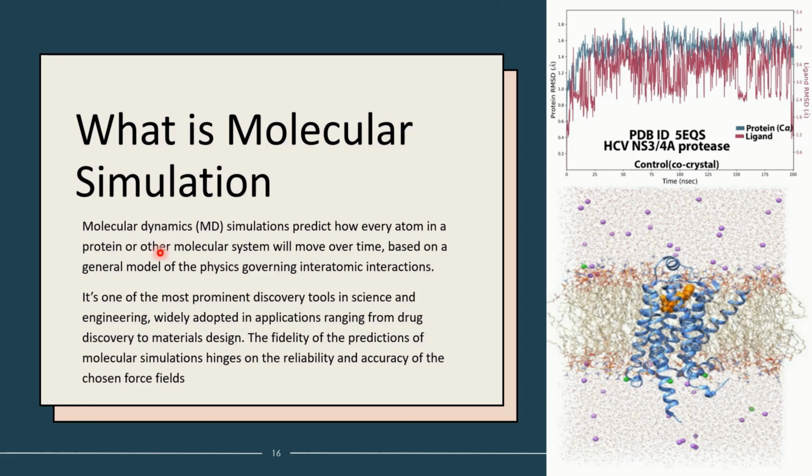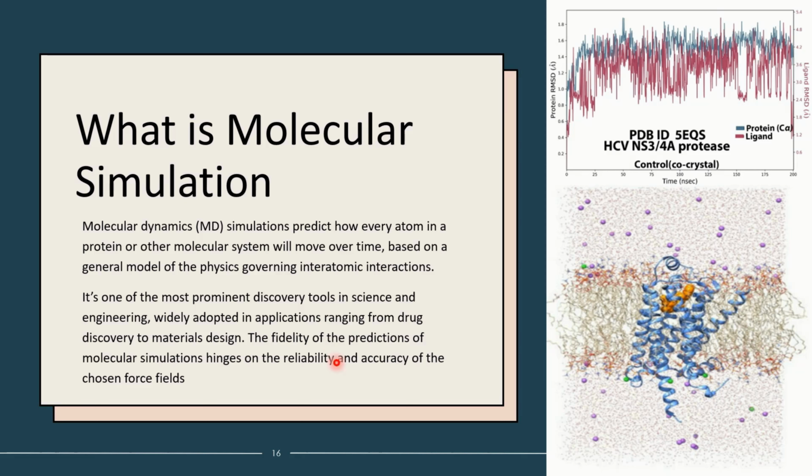So we discovered that molecular dynamic simulation predicts how every atom in a protein or other molecular system will move over time, based on a general model of the physics governing interatomic interaction. It's also one of the most prominent tools in science and engineering, widely adopted in applications ranging from drug discovery to material design.